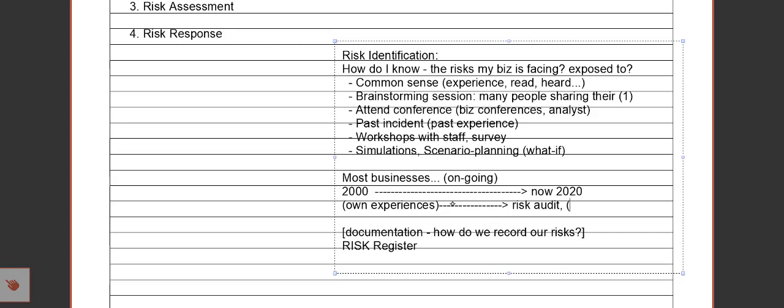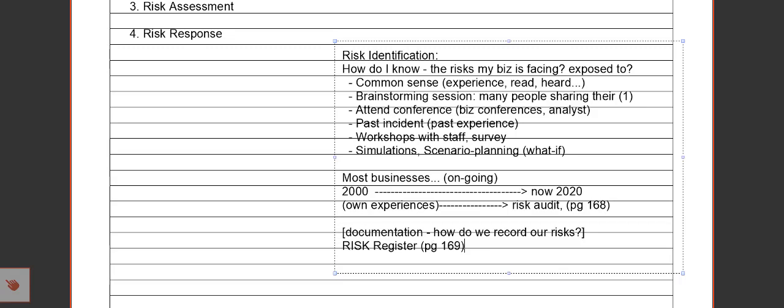Now, this is a process of identifying risk, and you can look at your notes on page 168 to see what is a risk audit, and your notes on page 169 about what is this thing called a risk register.